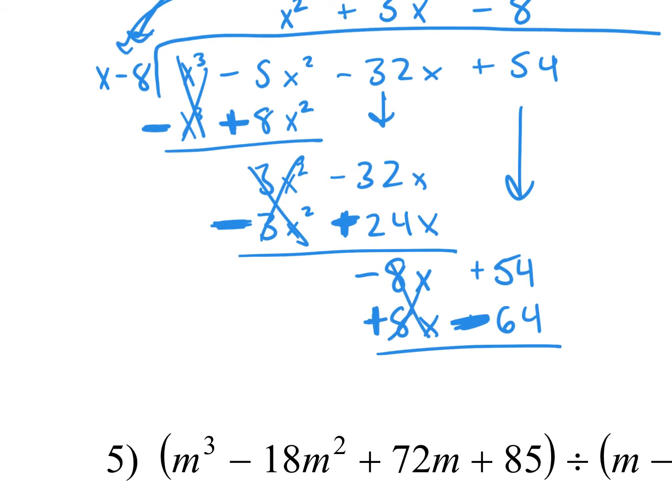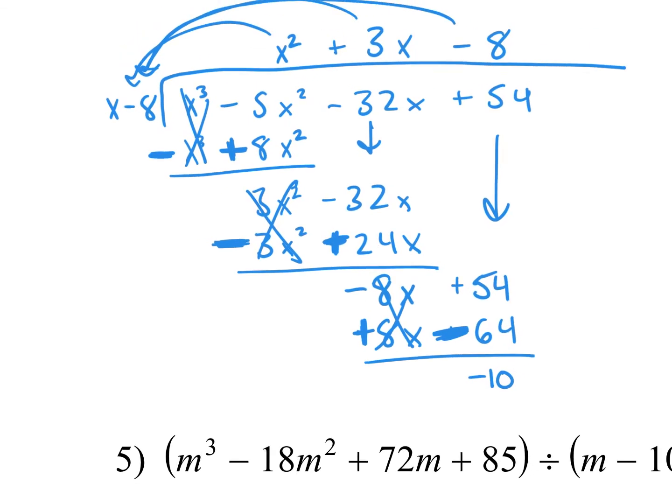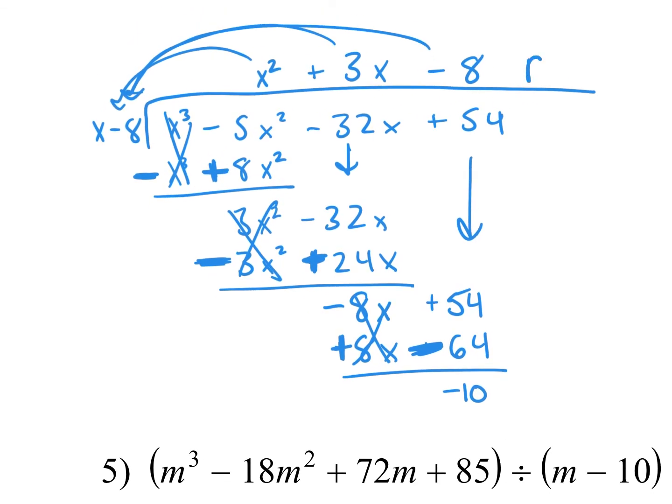So the first ones cancel. What is 54 minus 64? Negative 10. That's our remainder. There's no more x's in there, so that's our remainder. So our answer is x squared plus 3x minus 8, remainder negative 10.